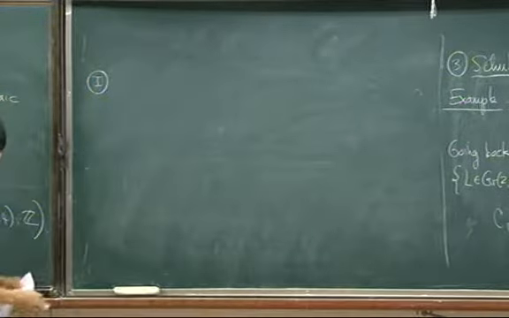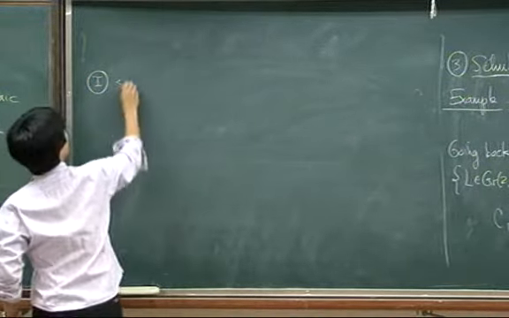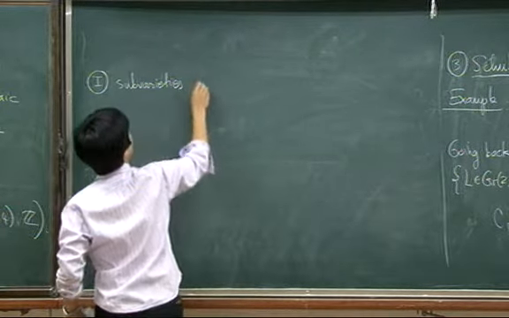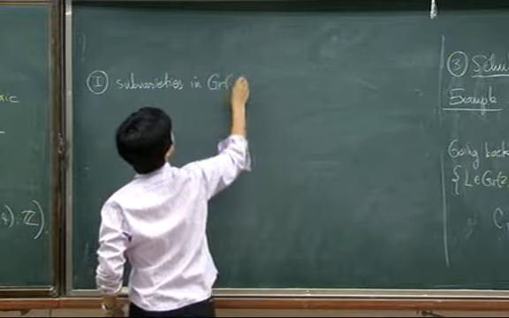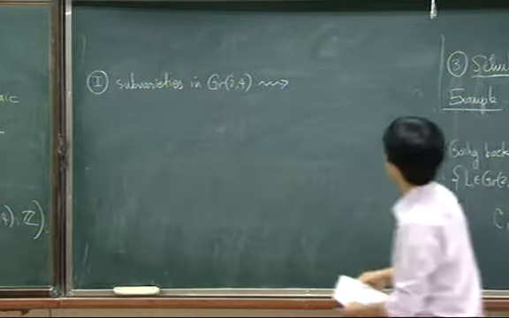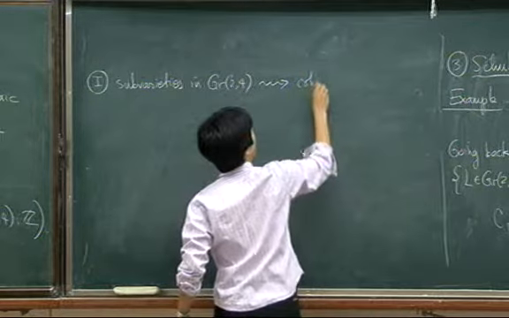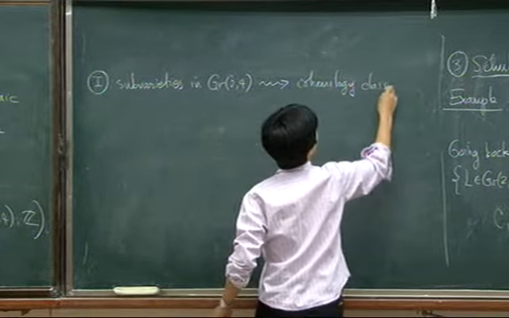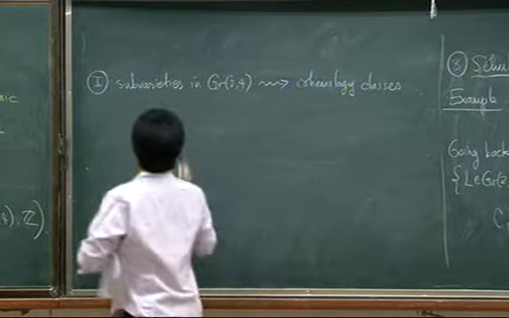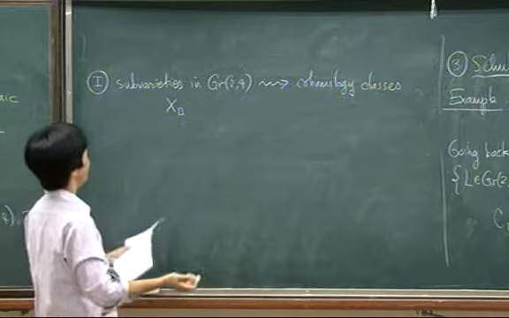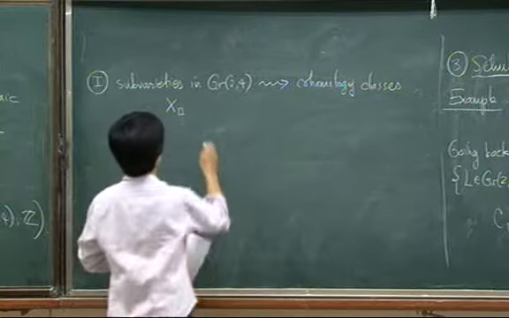Wonderful thing number one is that these subvarieties, these Schubert varieties I mean, give rise to actual cohomology classes. And the notation here is the most obvious one, I guess you can imagine.